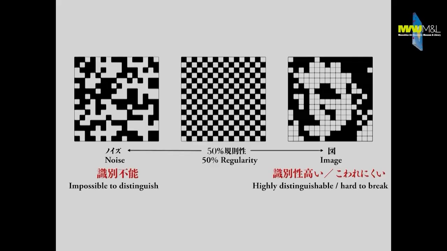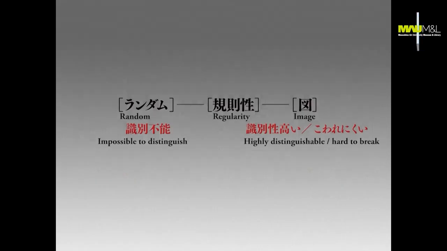In other words, it can be understood that a picture has the special quality of being hard to break down. Random, regularity, image. That is, we can say that it transforms its shape from being random to an image before changing into something highly distinguishable and hard to break.